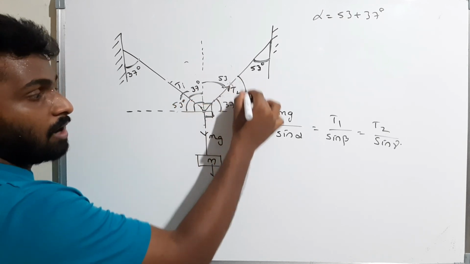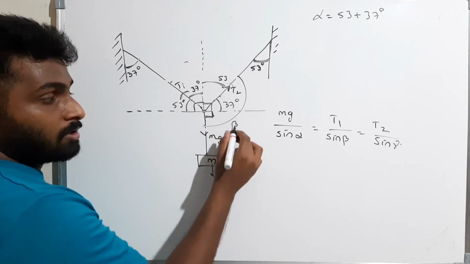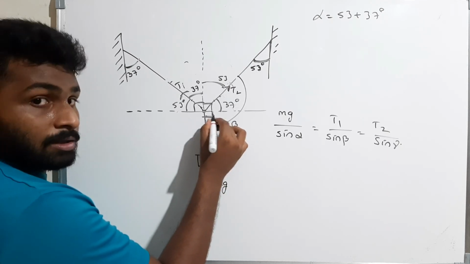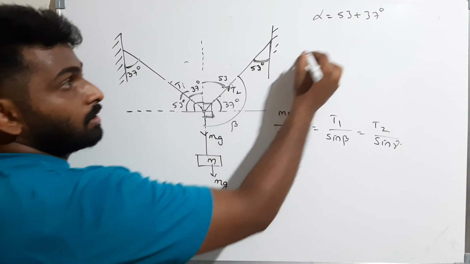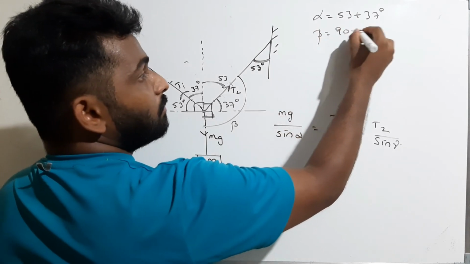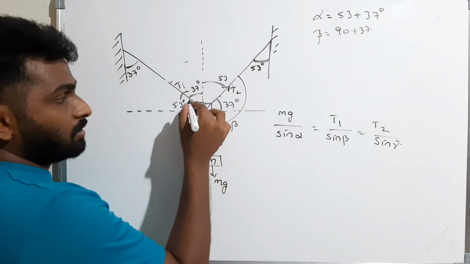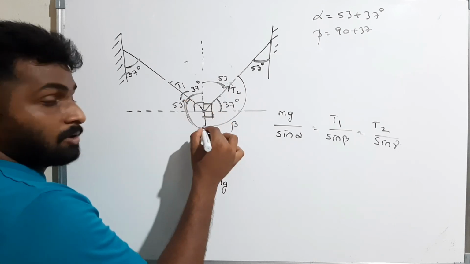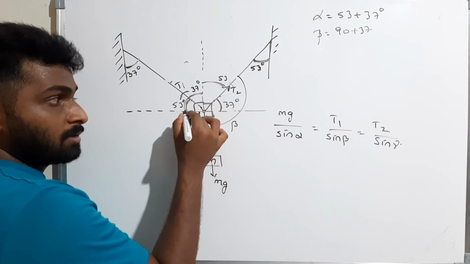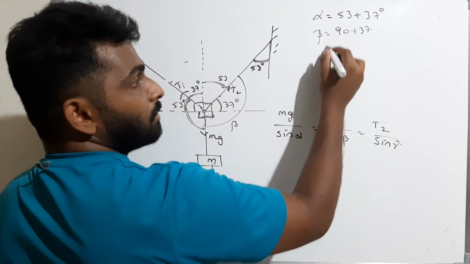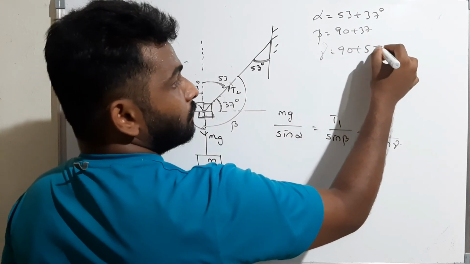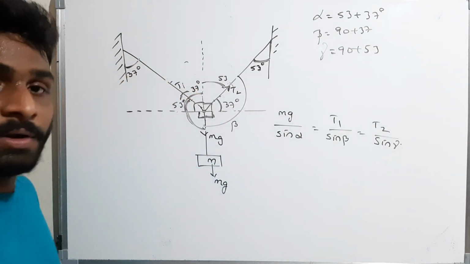Now this whole angle is beta, which is nothing but 90 plus 37. Now this is gamma, which is 90 plus 53. Now I got the alpha, beta, gamma values.